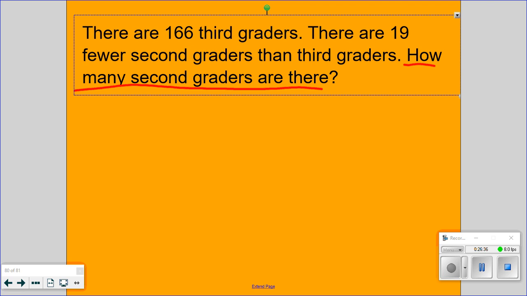There are 19 less second graders than. Okay, well, where's my answer going to go? That's an answer sentence. I need a spot for my answer. Ariana?